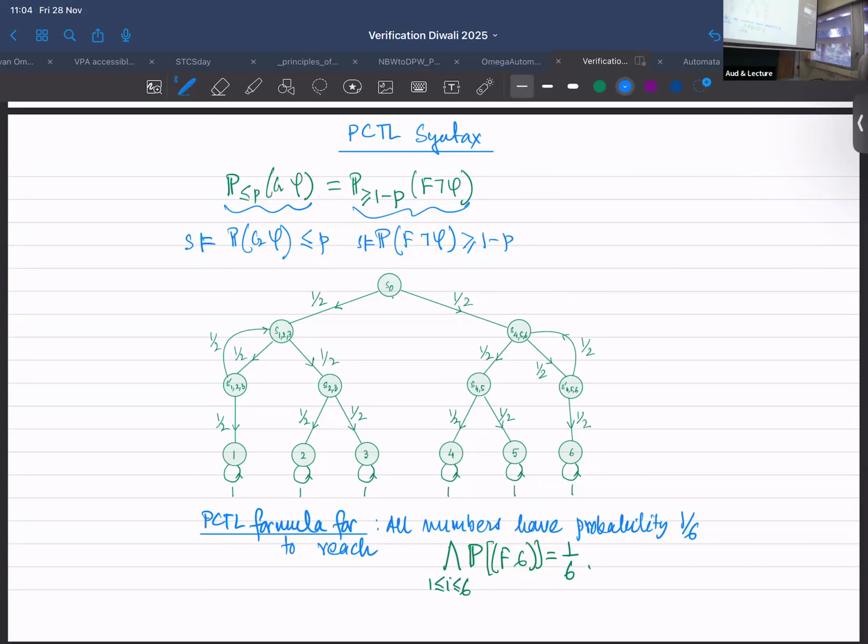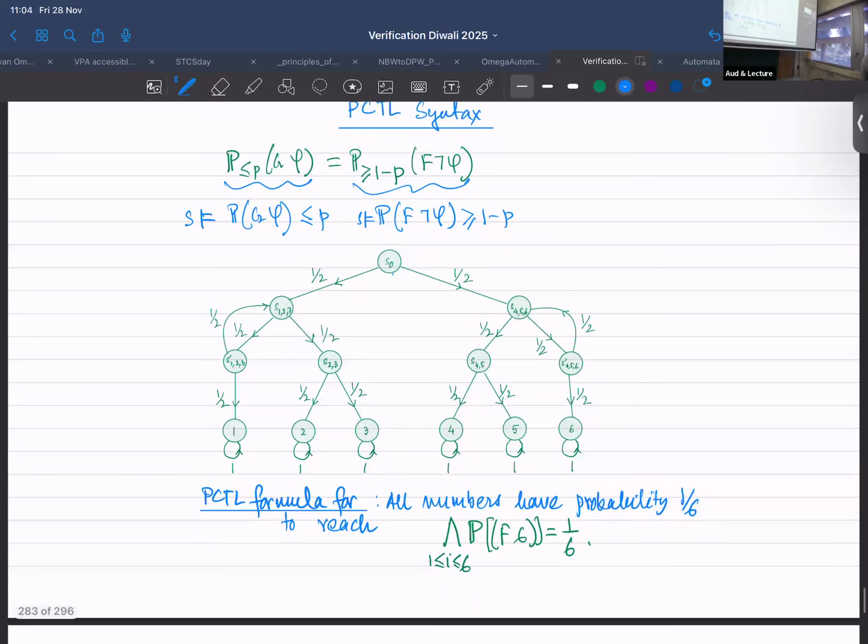Okay, now here is just a small thing. How do you write some examples of formulas, that all numbers have probability 1 by 6 each, all these numbers. Okay, so you can say that, see, remember that the conjunction is on the state formulas. You don't allow conjunction on the paths, right?